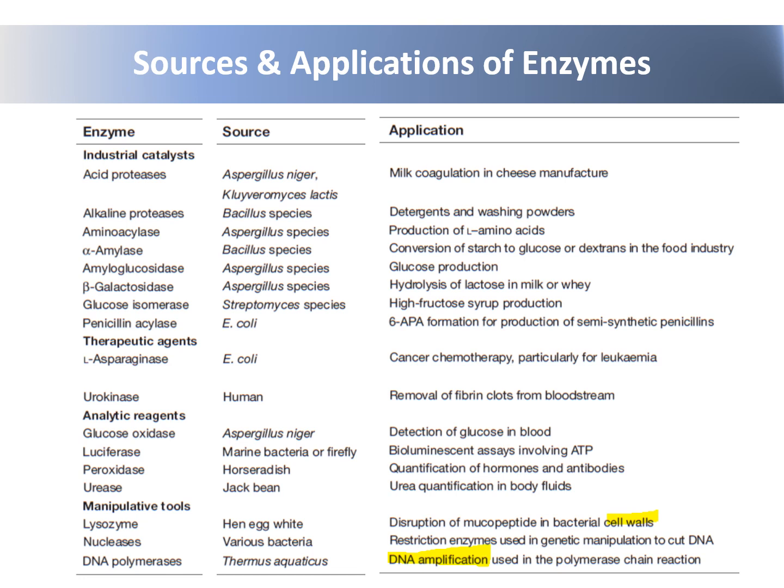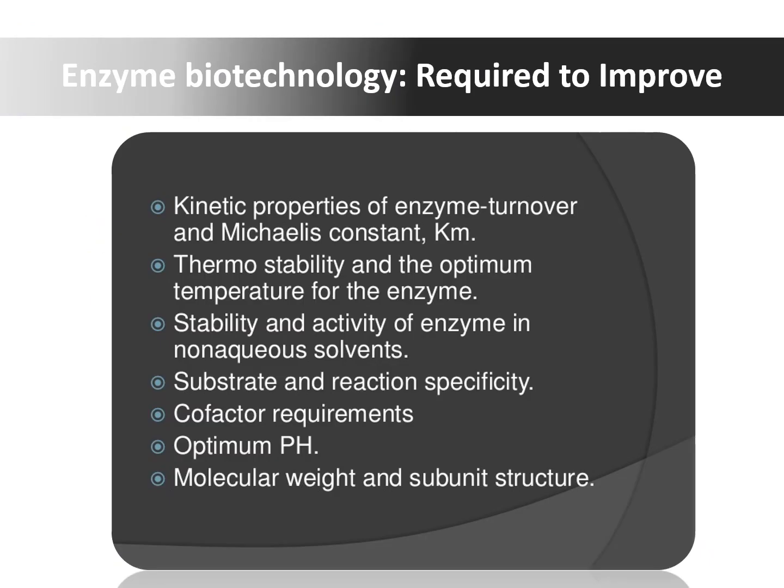Okay, but you also need to make sure you improve certain things when you are doing your enzyme production or the engineering. So factors such as kinetic properties of enzyme turnover, like your kcat and your KM, which determine catalytic efficiency of the enzyme itself.